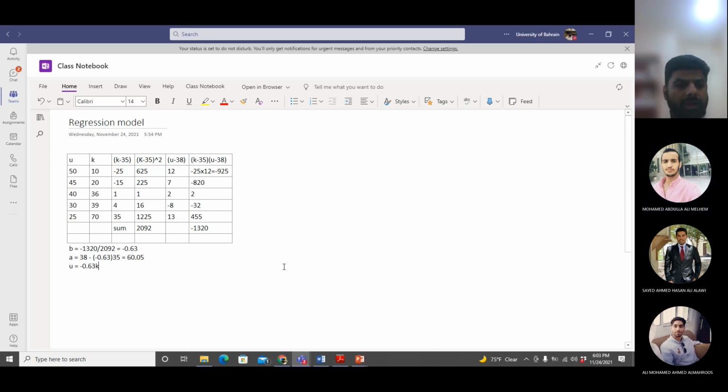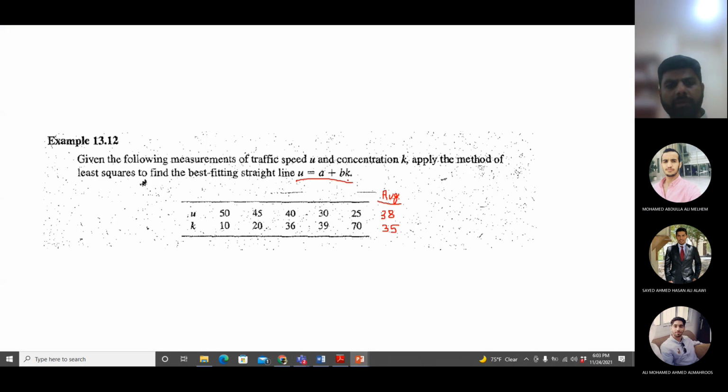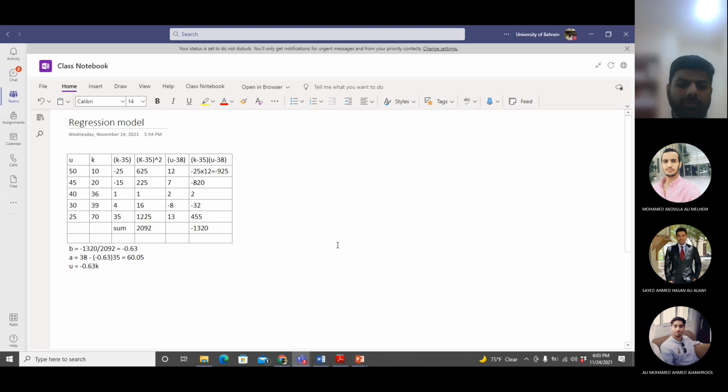Okay, so the final equation is A plus BK. Now B is negative, so minus 0.63 into K, and A is 60.05.